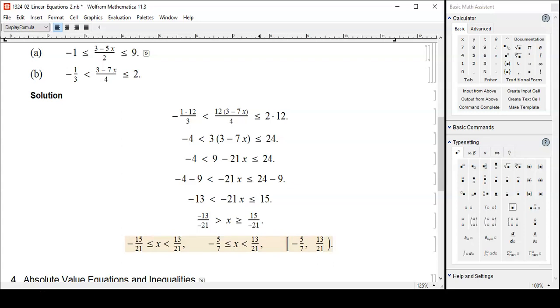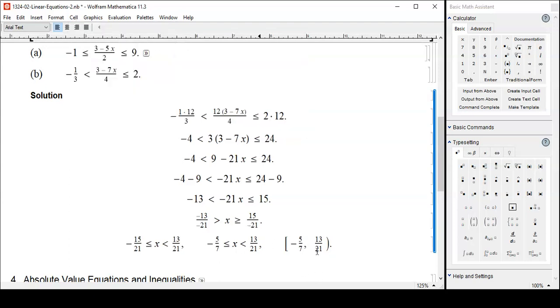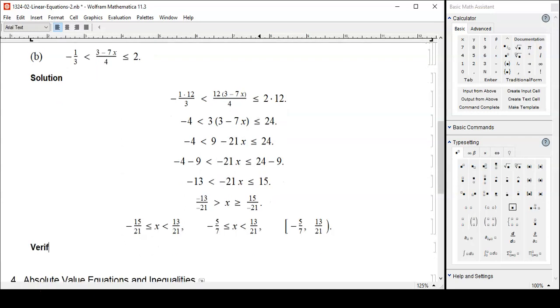Okay, looks like that's the end of the problem. We have a strict inequality here and a non-strict inequality there, so we have a half-open, half-closed interval to begin with. So the final answer is in that form as well. Let's see, is that right?